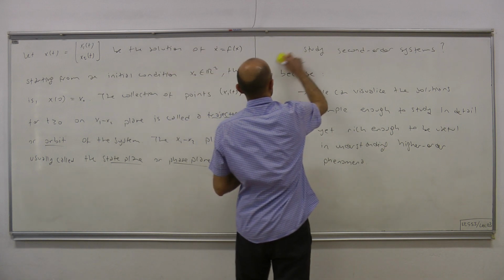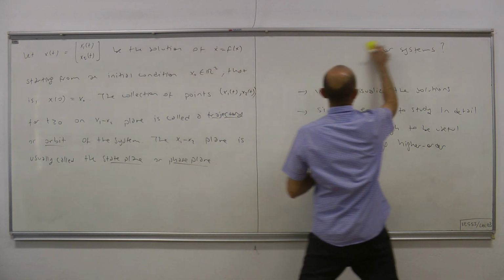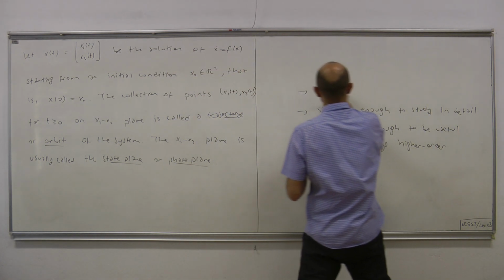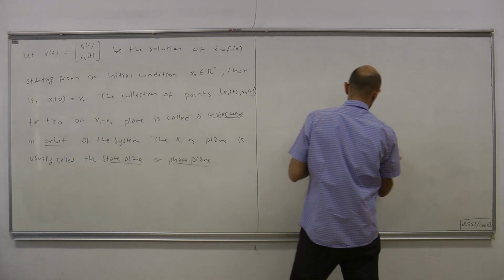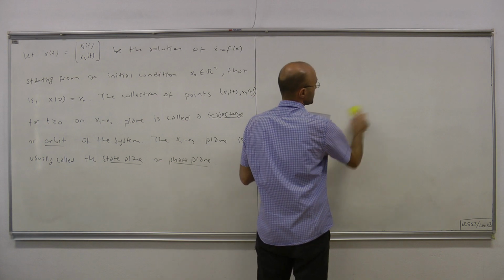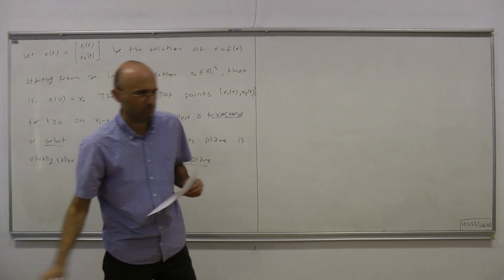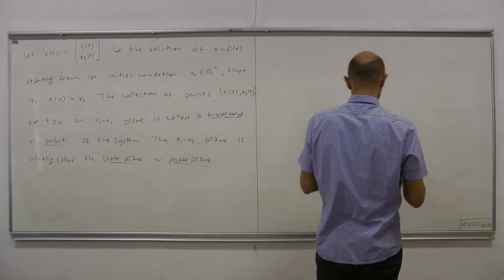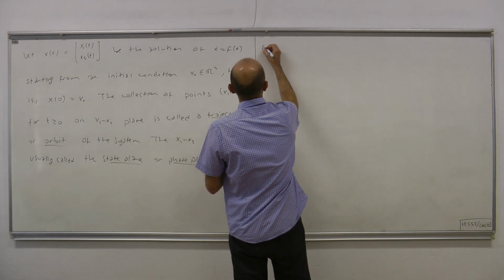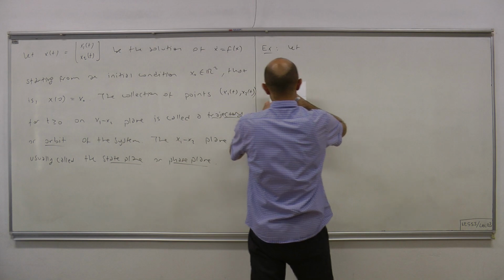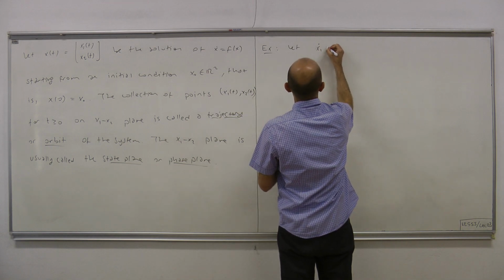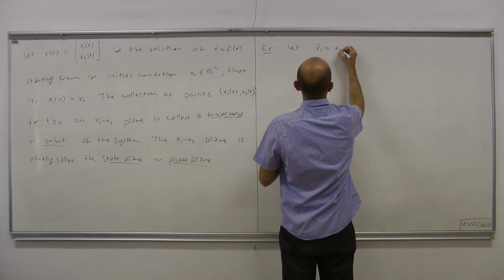Here is our first example for a second order autonomous system. So let the dynamics be given as x1 dot equals x2.